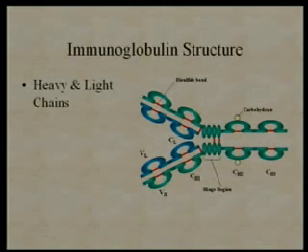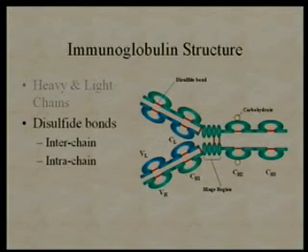The heavy and light just pertains to the size of these chains. So we have 2 identical heavy chains and 2 identical light chains in the basic structure of all immunoglobulins. These chains are held together by a series of disulfide bonds, interchain disulfide bonds like these here. And that's what this red indicates, the disulfide bond holding the 2 heavy chains together.